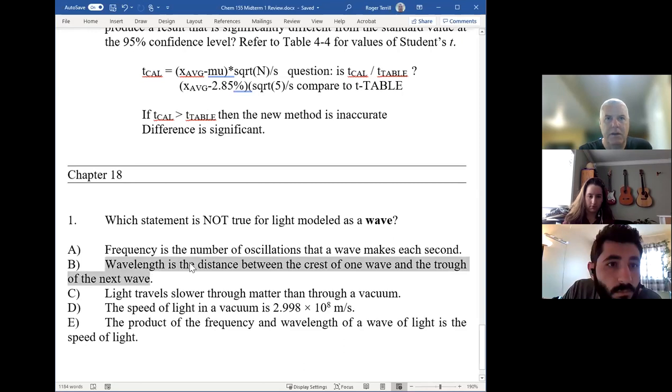Sorry. It's between crest and crest, or trough and trough, or zero crossing and second zero crossing. So that's not true. Light travels slower through matter than through a vacuum. That's true. Speed of light in a vacuum is 2.998 times 10^8. Last I checked, the product of the frequency and wavelength of light is the speed of light, and that is true in vacuum.